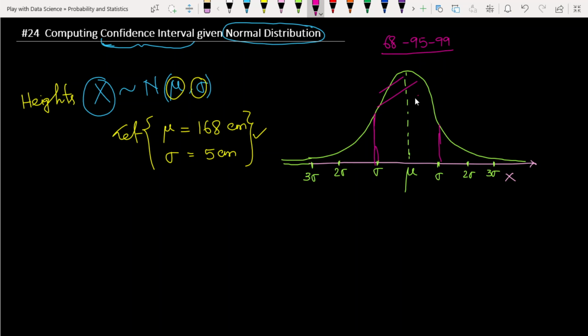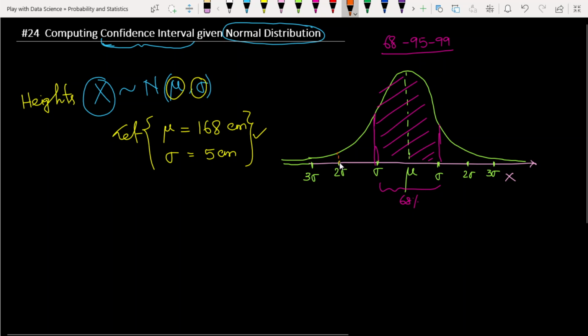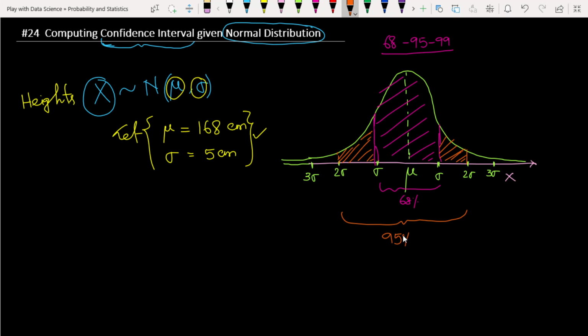In the range of the second standard deviation, we have 95% of the data.